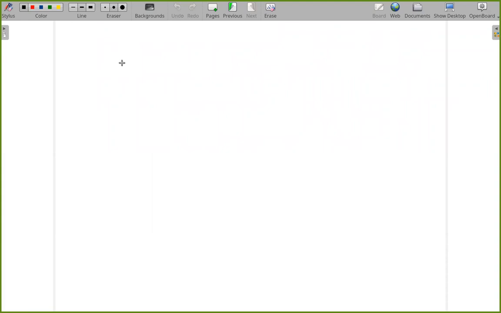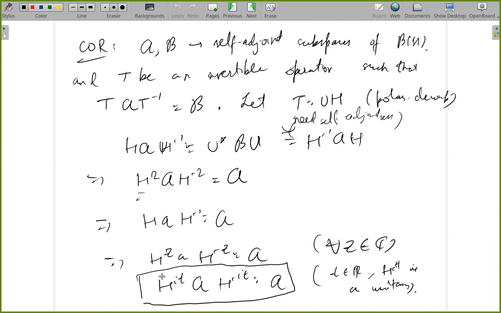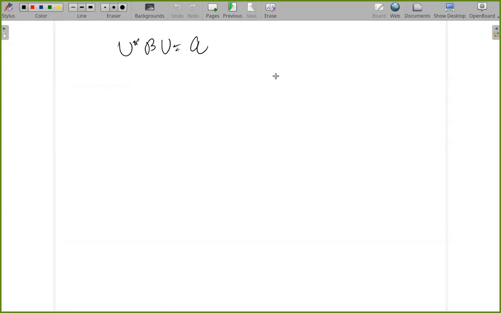The other observation is U star BU is equal to A. So here you have a one parameter group of automorphisms of A, so-called. As I change my t, you have automorphisms. Of course, this is invertible, and if I'm composing, you can immediately guess it's a one parameter group of automorphisms. And then you have this relation between A and B: A and B are unitarily similar.